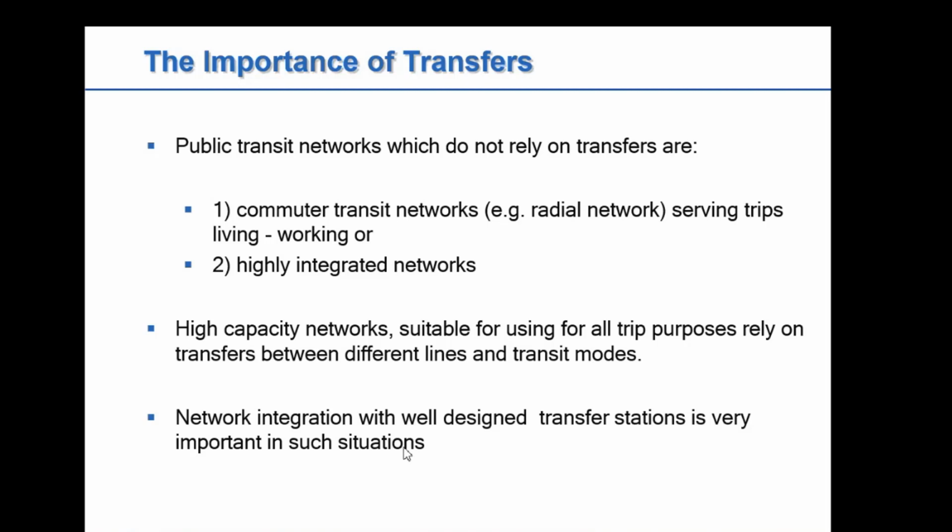And if we have a highly integrated network, which we explained in the previous lecture where we gave typical examples from Japan as well as Beijing and Shanghai, or if we have high capacity networks, then in those two different types of transit stations we do not need the transfer. Okay, so now you need to understand what a transfer is. Transfer is basically changing your commute from one line to another line. This is called transfer.